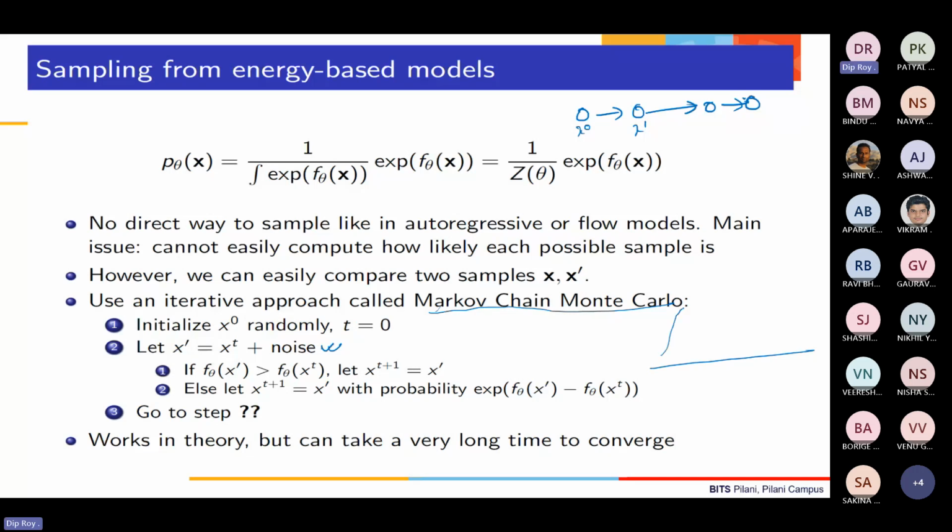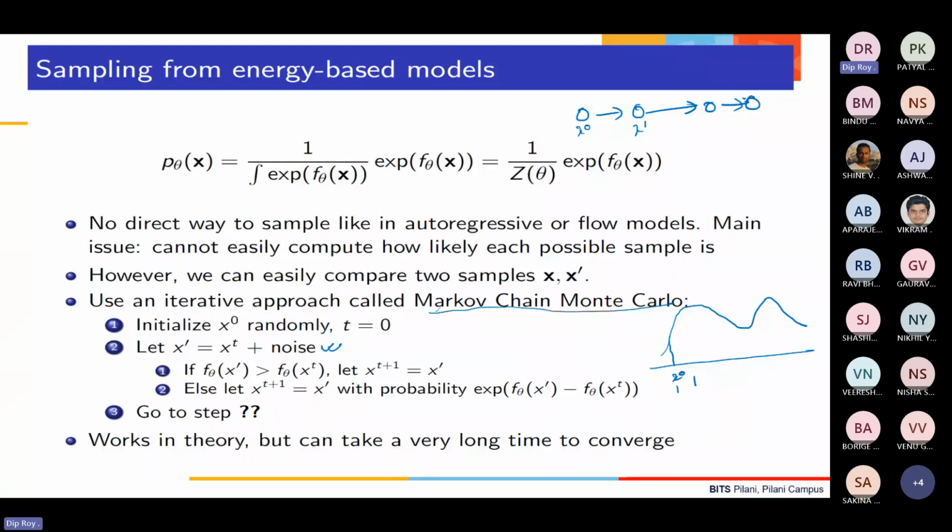Let's say the energy function is like this, and you start from here. This is your x0. You determine a step size and add some noise. After adding noise, you pass it to the energy function and check whether the energy of this or this is more.